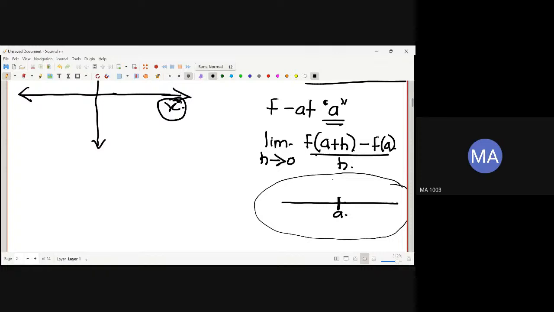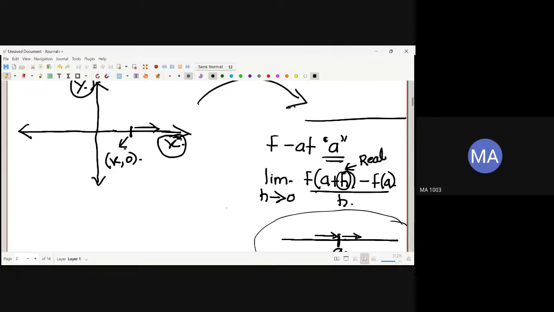Now if you want to reach this point x comma 0 by using this x-axis, you can use it from the right hand side as well as from the left hand side, and also from this angle as well.